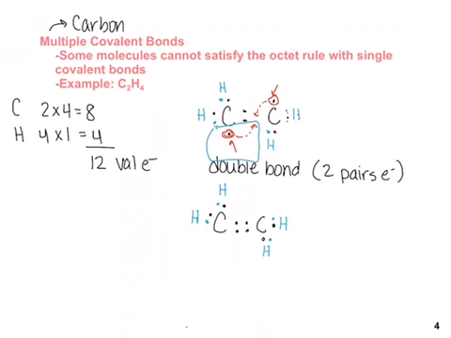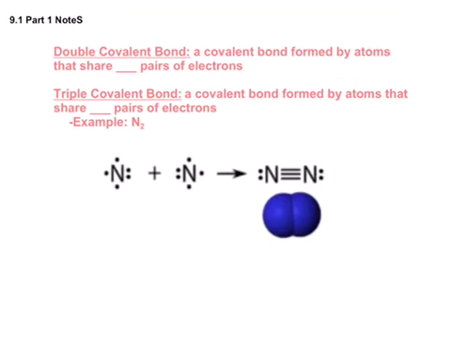Carbon and nitrogen, it's not uncommon to see them form multiple bonds. So here your double and triple bonds, your double bond shares 2 pairs of electrons, your triple bond shares 3, and like I said, your nitrogen's very common to do that.